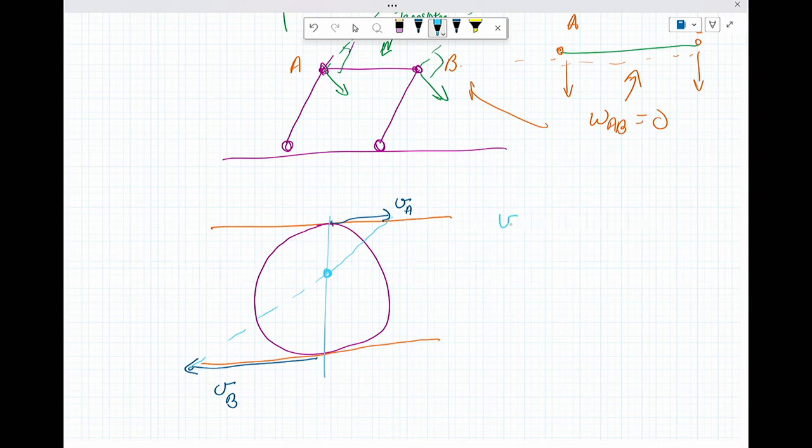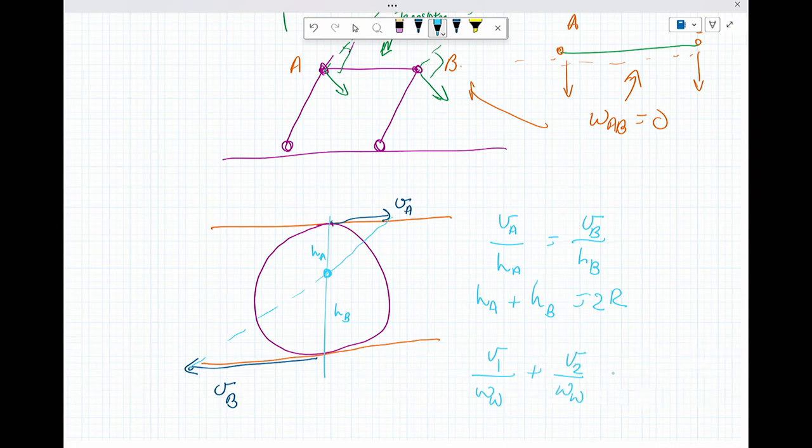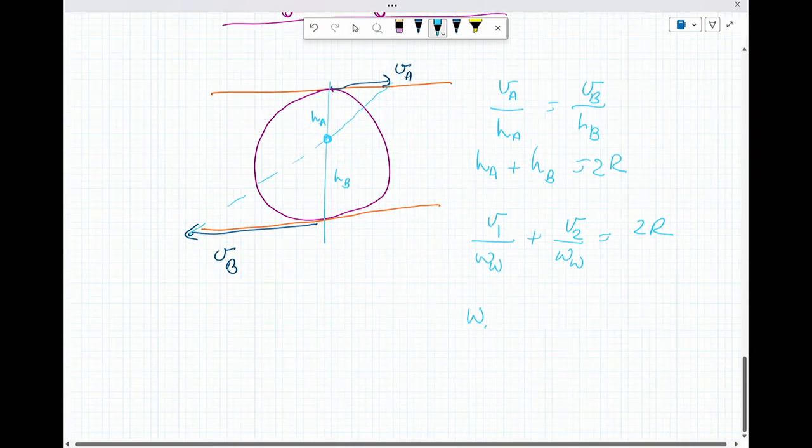So velocity of A over HA is equal to velocity of B over HB. HA plus HB equals 2R, and V1 over omega wheel plus V2 over omega wheel equals 2R, and then there we go.